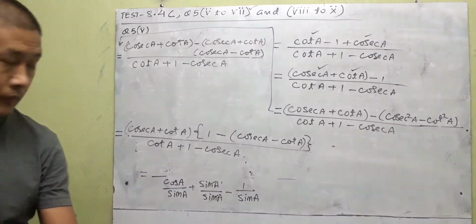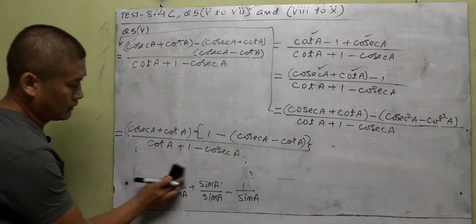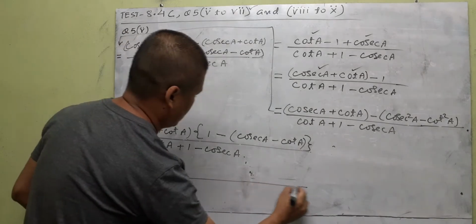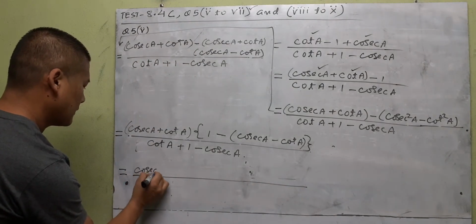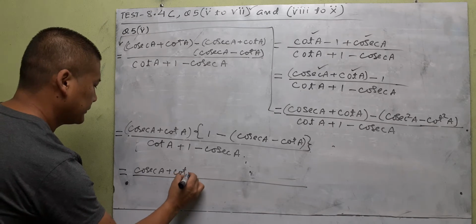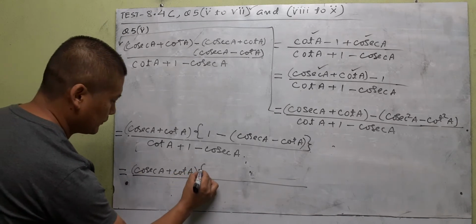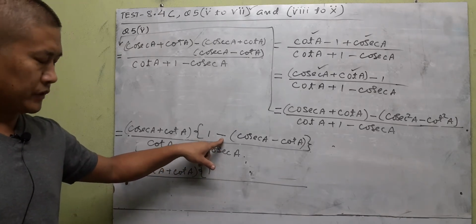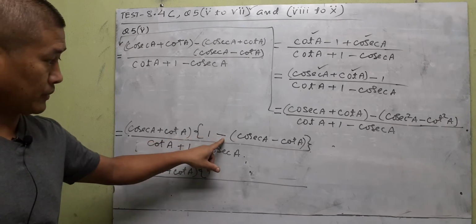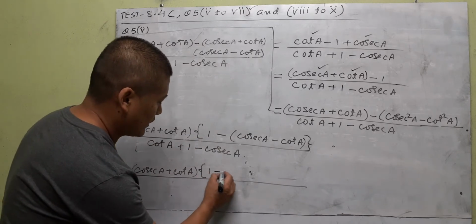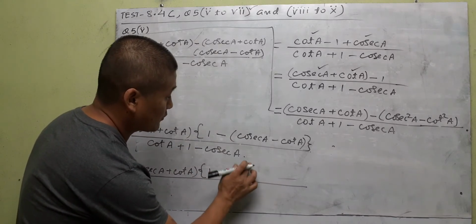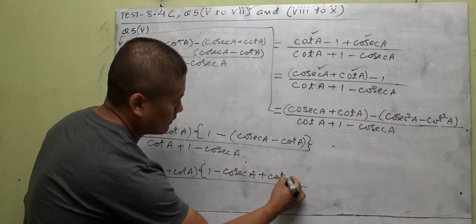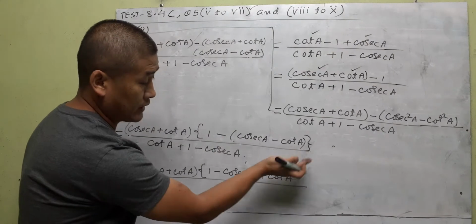Once you're through with that, the next step is here, just write as it is, cosec A plus cot A into 1. And when there is a minus outside, we can remove that by multiplying outside and inside the bracket. So plus, minus into plus is minus cosec A, we can remove the bracket, then minus into minus plus cot A. That way this bracket will get removed.